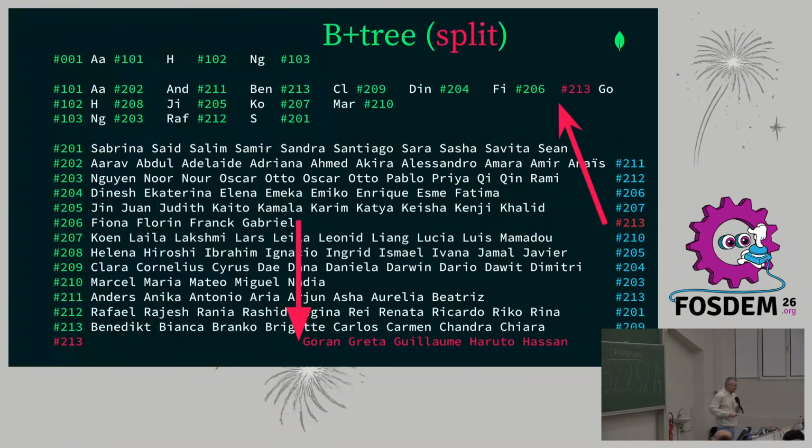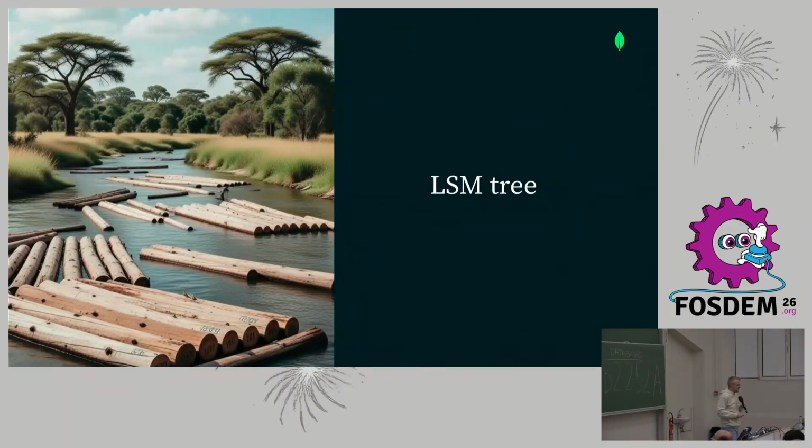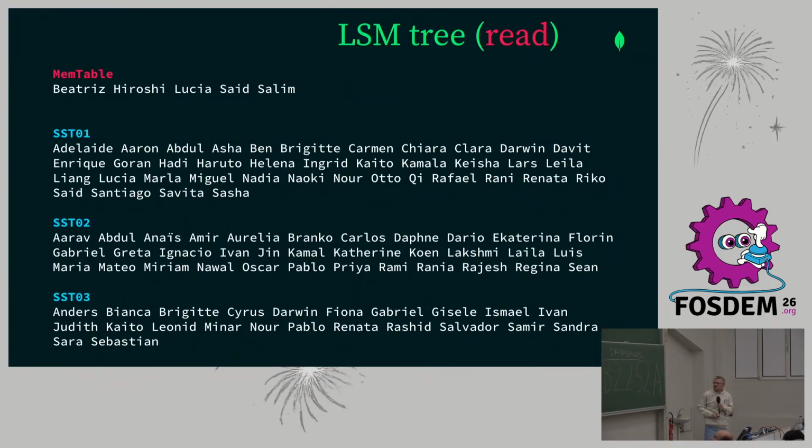So to go faster on write, because this involves a block split sometimes for some insertion, the idea of the LSM tree is that there is not this constraint that a value is at a specific place.